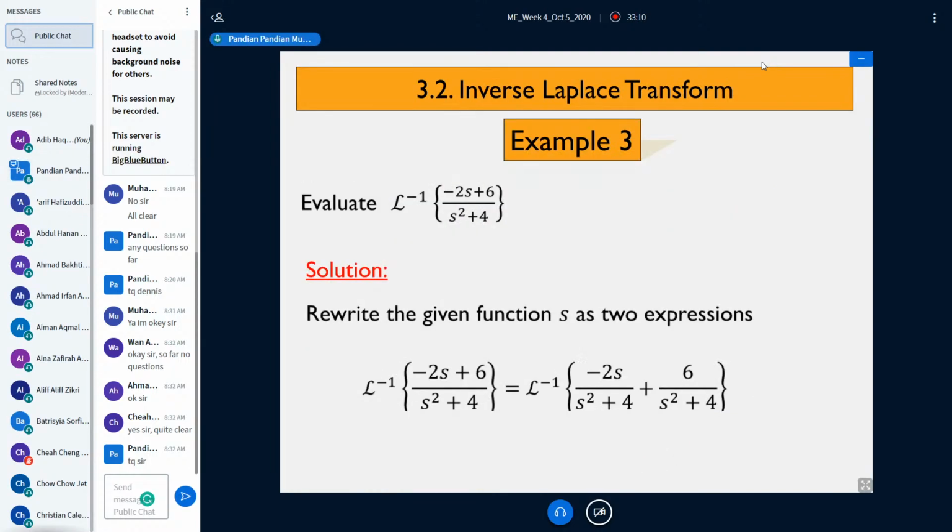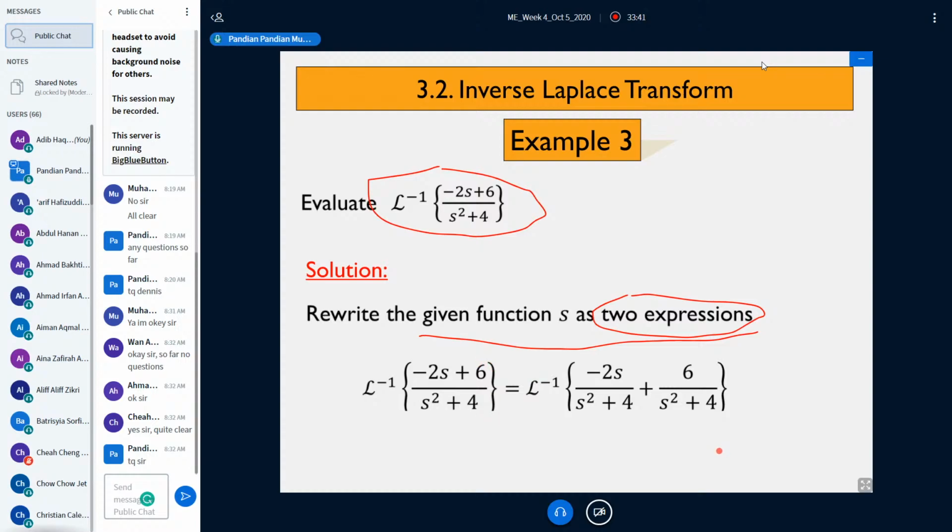So, if you have a complicated problem like this, the inverse Laplace of minus 2s plus 6 over s squared plus 4, you have to decompose. This one you cannot do in one shot. So rewrite the given function of s as 2 expressions, sometimes more than 2, 3, or 4.